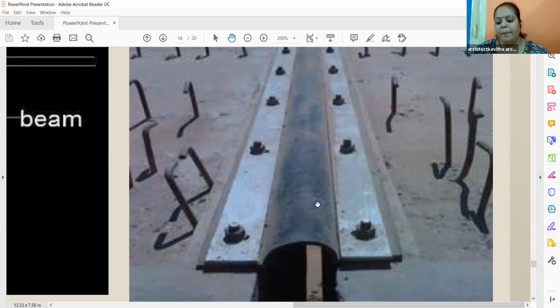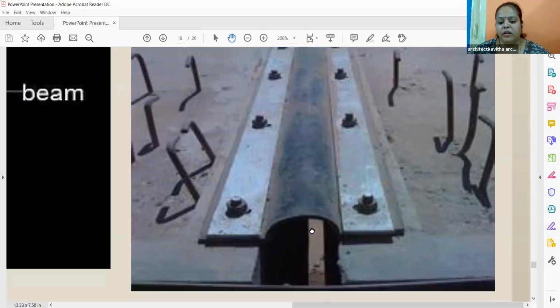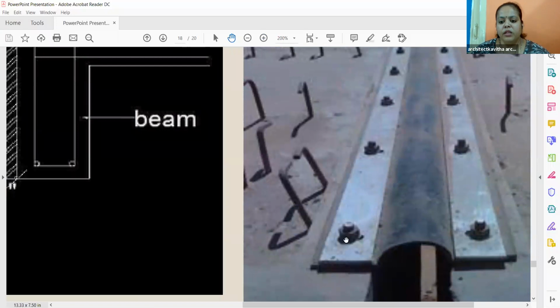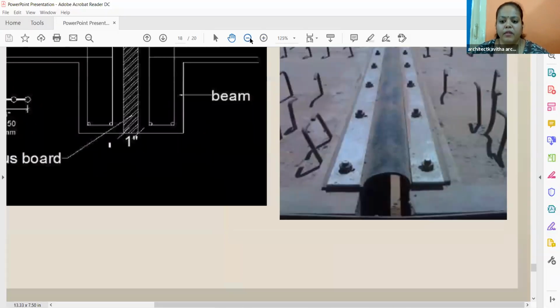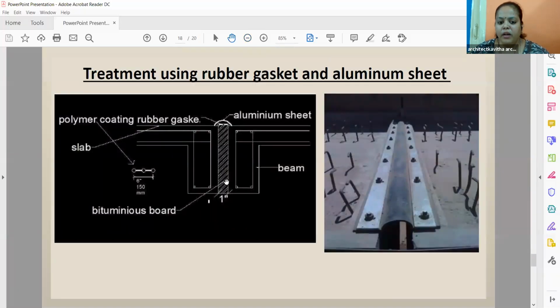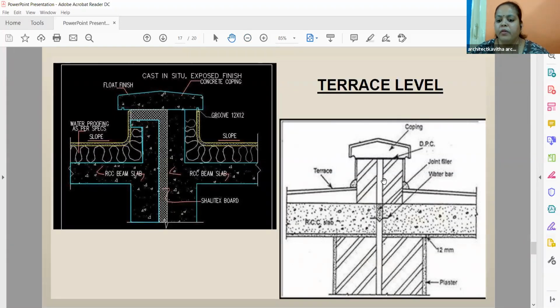With this, the water will not go inside the building. So this is aluminium sheet. Again, this is at the terrace level only. Both are terrace level, but here you are providing a wall in between. To cross the terrace, if you have an open terrace, this will be like an obstruction.